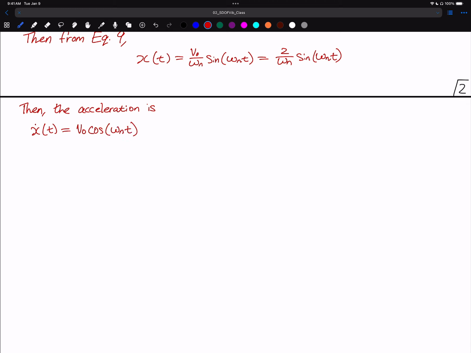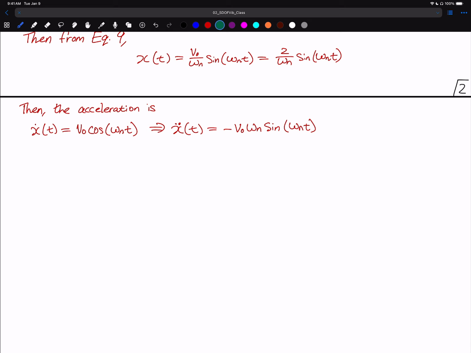This should make sense. If we plug in 0 for t, we get back v0 times the cosine of 0, which is 1, equals v0. So this makes sense. So then from here, x double dot of t is going to be equal to minus v0 omega n times the sine of omega n t.